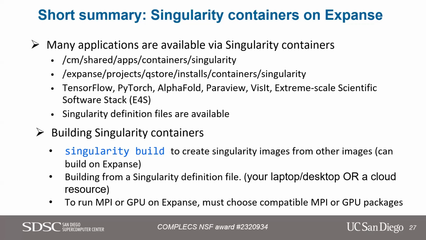If you want to build from a Singularity definition file, your laptop or desktop or some cloud resources is required for you to have the root access. And if you want to run MPI or GPU inside a container on Expanse, you need to choose the compatible MPI or GPU packages when building your Singularity containers.